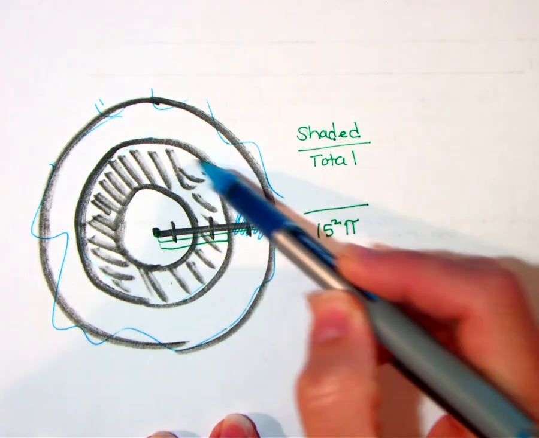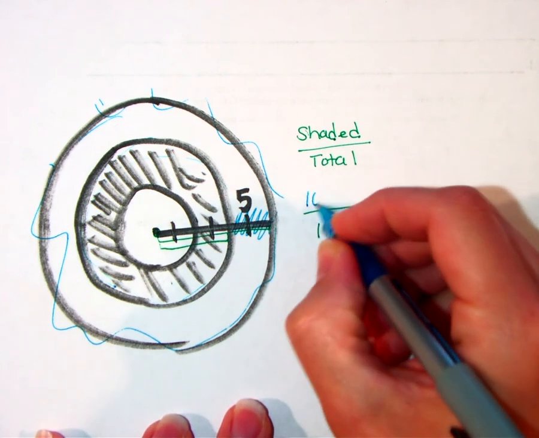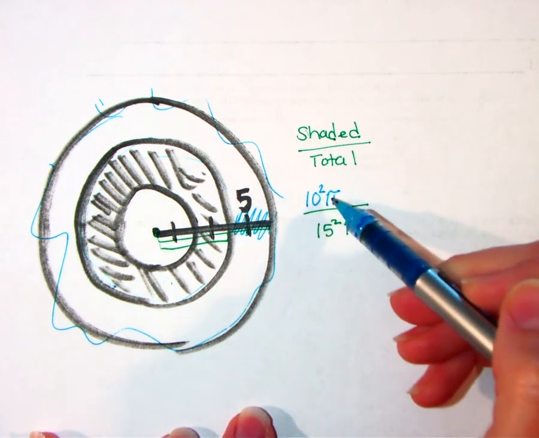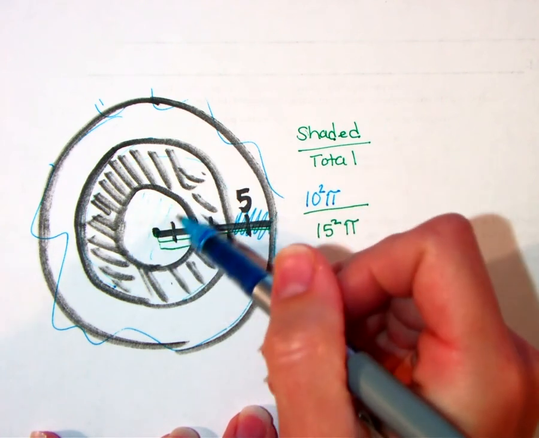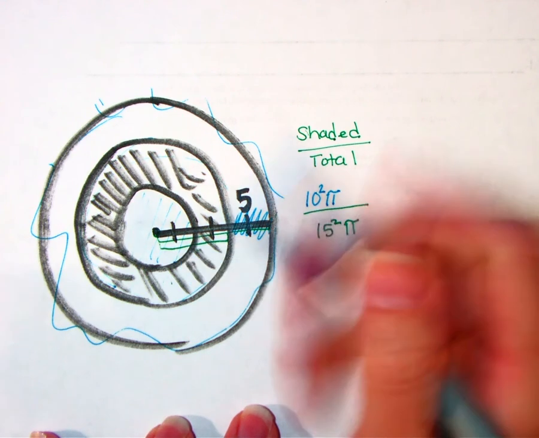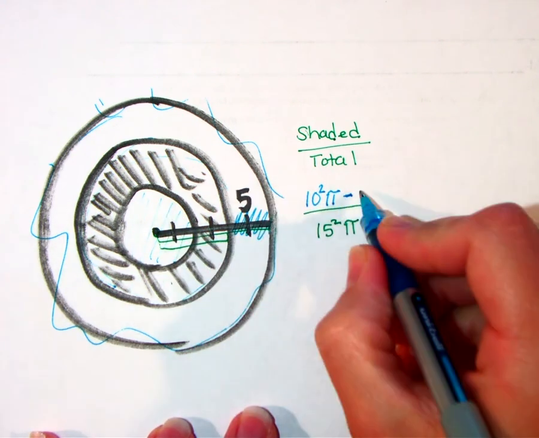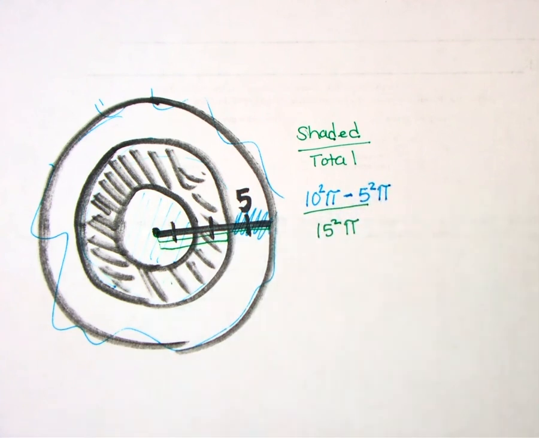So this circle has a radius of 10 squared pi. But if you left it as 10 squared pi, you would still have this inner part. So we've got to take that part out. So that means minus. And this inner part is 5 squared pi.